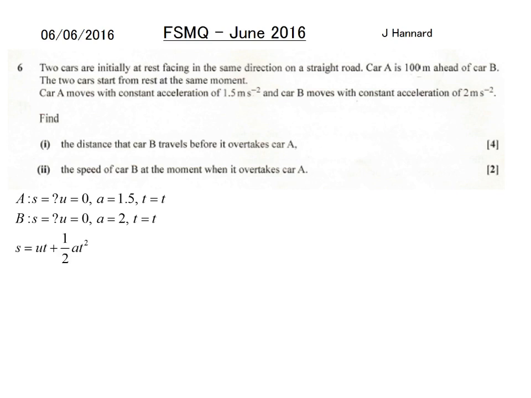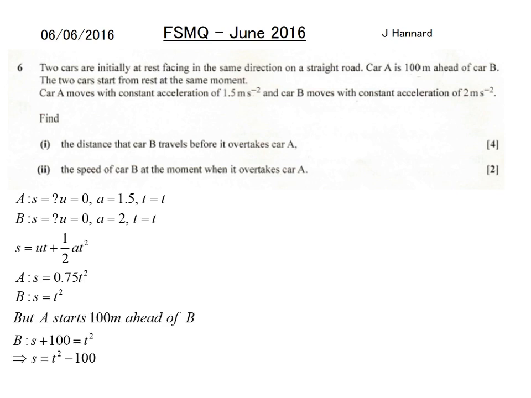For A, that must mean S equals 0.75T squared, and for B, S equals T squared. But A starts 100 metres ahead of B, so S plus 100 equals T squared, therefore S equals T squared minus 100.